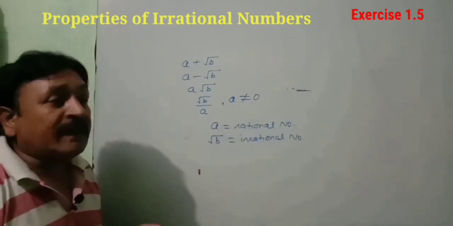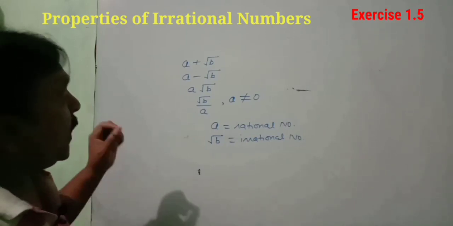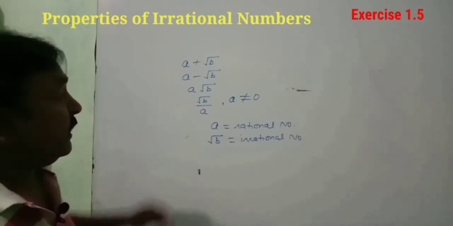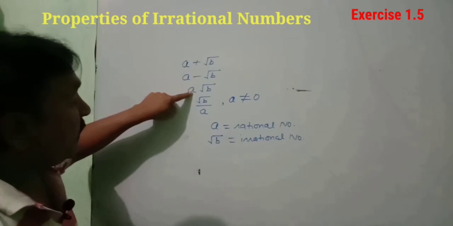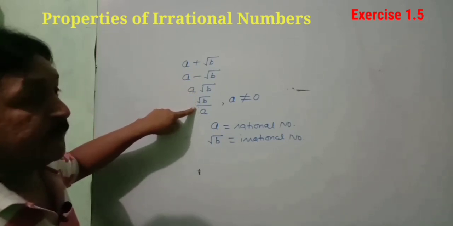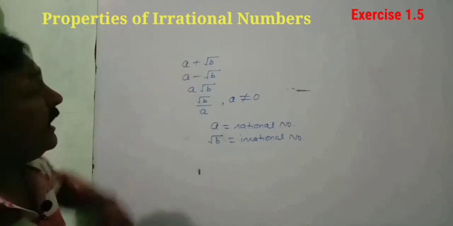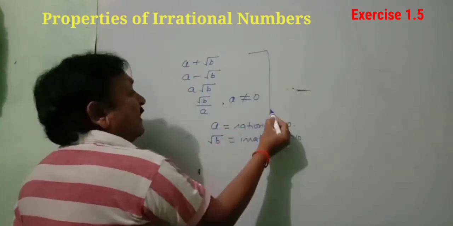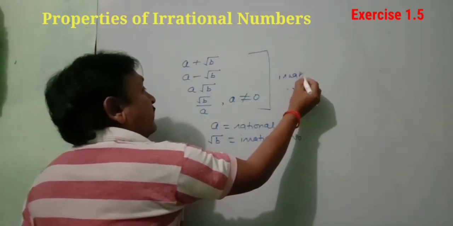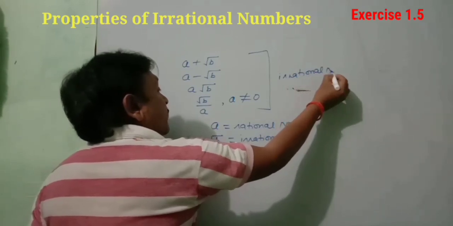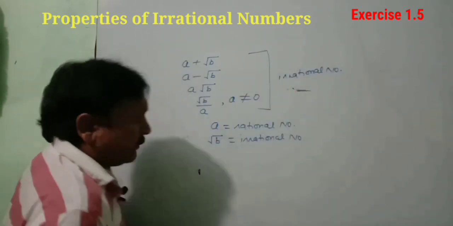So what is the result? This is the property: whenever addition, subtraction, multiplication or division is done between a rational and an irrational number, as a result we get an irrational number. We can take an example.